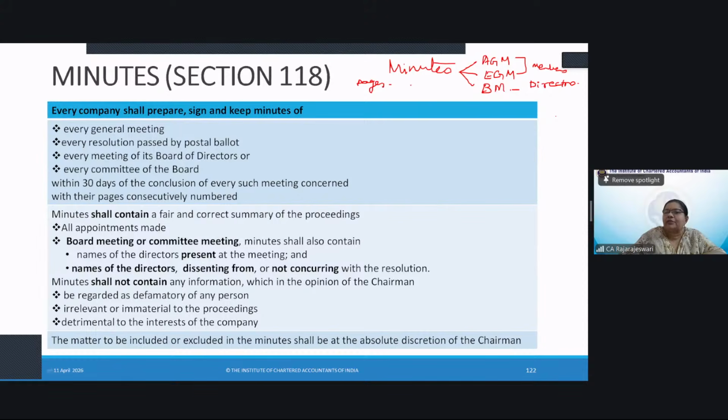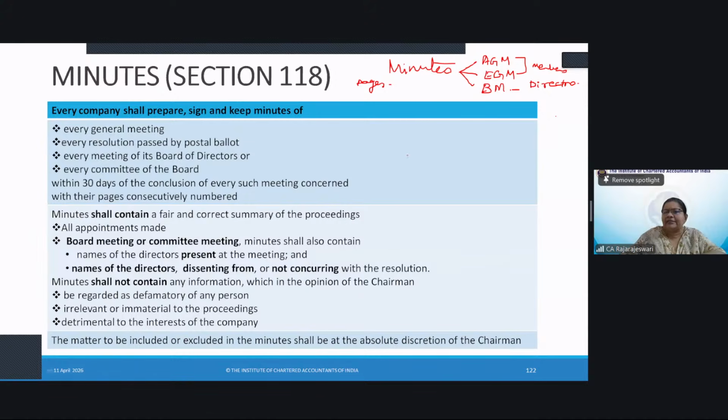What practically they do is that they will take the printout and they will put it in a binder so that you can't tear it or you cannot insert something. So after a period, they will bind it into a notebook and they will keep it separately for reference because that should be maintained permanently. For many companies, they just have it in a binder so that once they have pasted it, it is not altered.